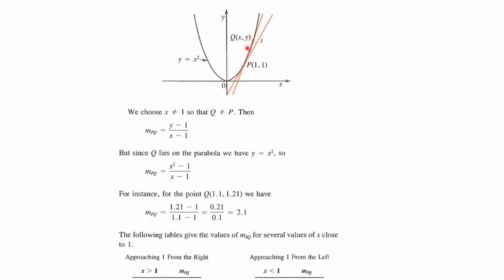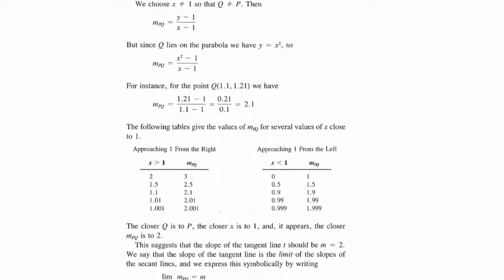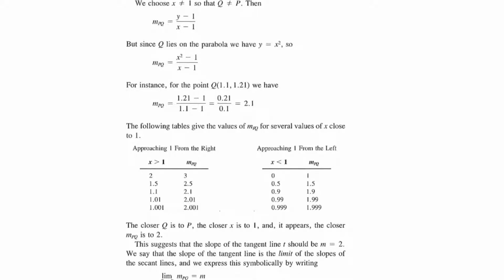We write the equation of the line passing through P and Q. To write the equation of the line, we need the slope of the line. The slope is delta y over delta x, which is y minus 1 divided by x minus 1. Therefore, the slope of the secant line passing through these 2 points is x squared minus 1 over x minus 1. Since x is not 1, we can reduce it to x plus 1.